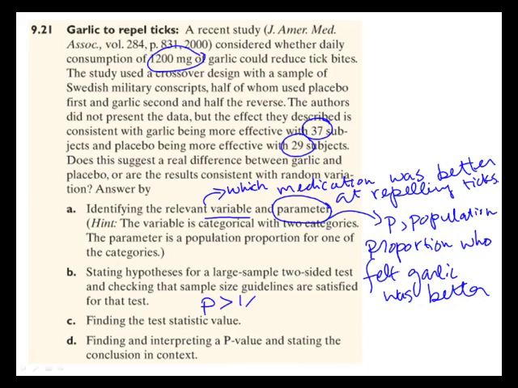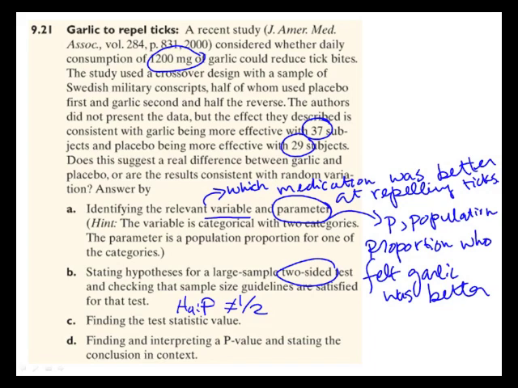P greater than 1/2 would mean there's a real difference. Does that make sense? Actually, it says a two-sided test. I would be tempted to do greater, but it says two-sided, so instead of greater, we use not equal. So that's our alternative hypothesis.